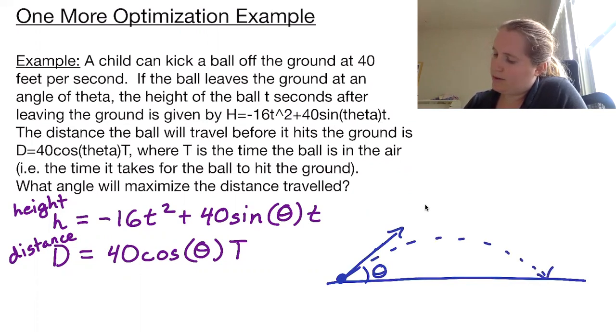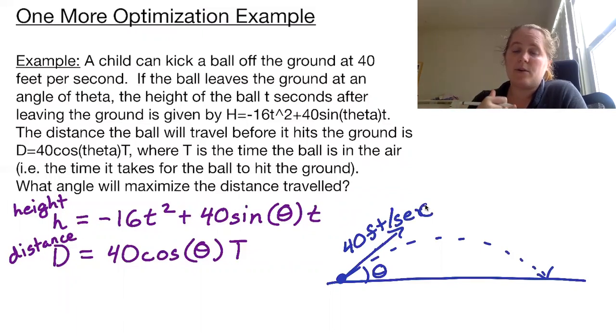And if the ball is going at 40 feet per second this way, it turns out that its horizontal speed will be 40 cosine theta, the horizontal component, if we broke that down. And then the vertical component will be that 40 sine theta you see in the height equation.